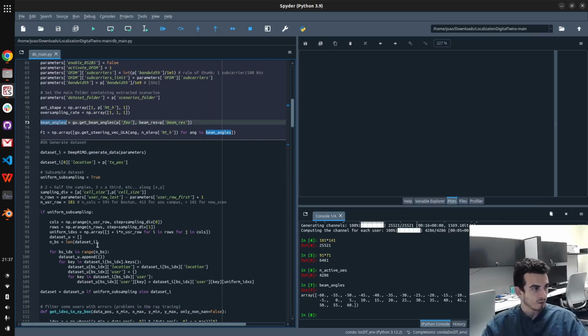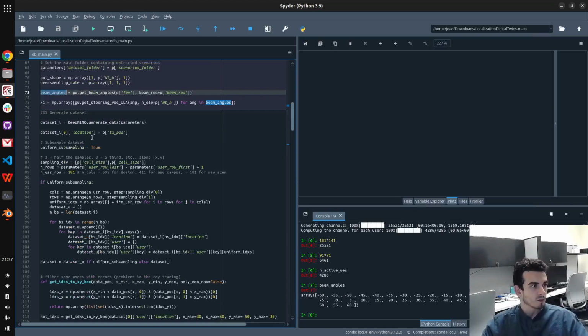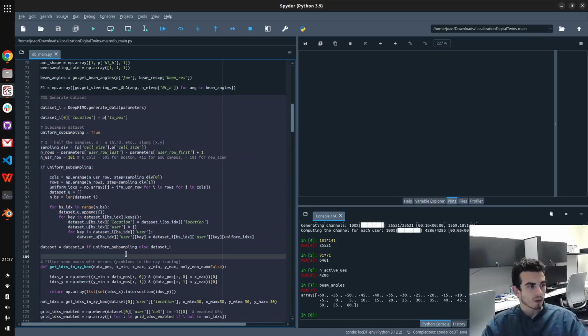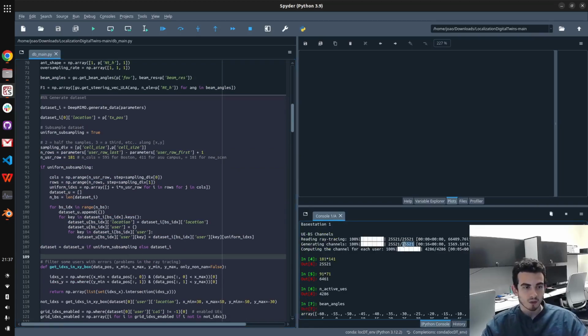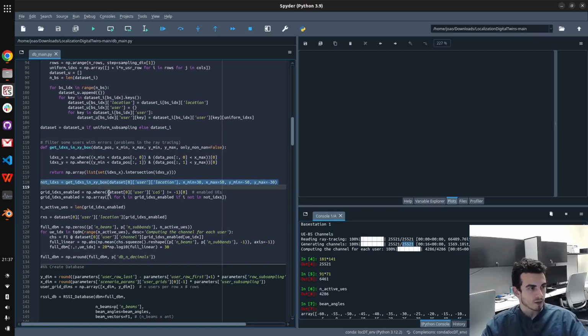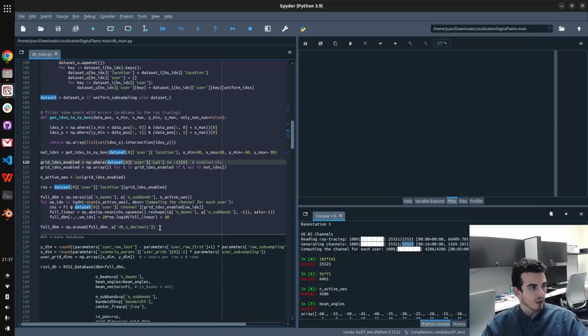These are 25 beams. Then this part of the code takes care of the subsampling of these positions by picking every other user, and this fixes a little generation error, and here we essentially apply the beams to the channels. And so this is really where we create our database.